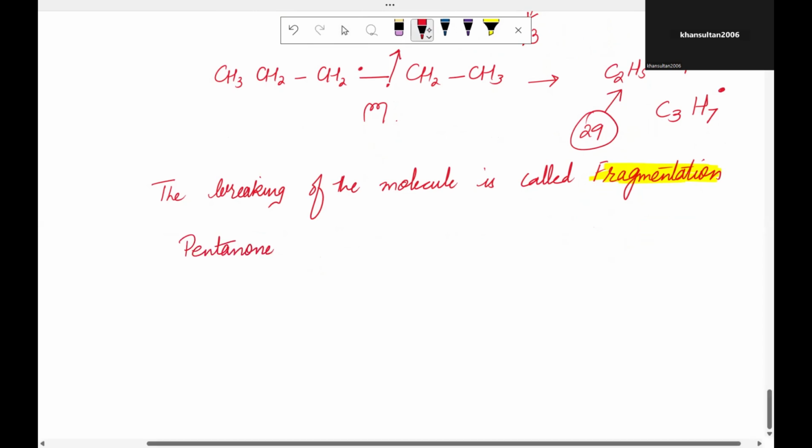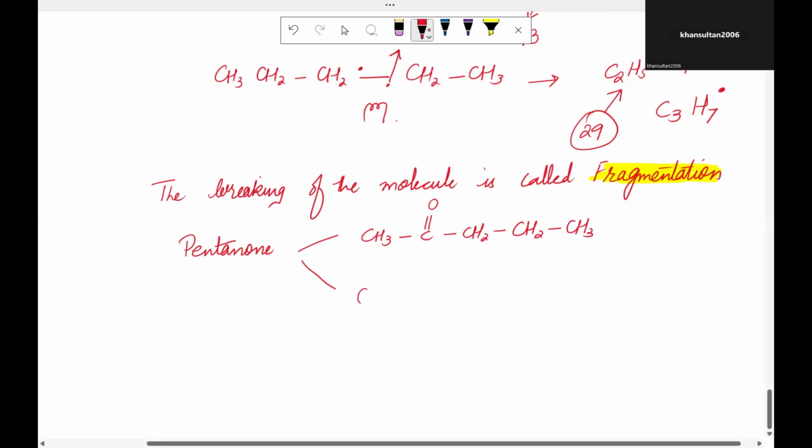So let's move further towards pentanone. Pentanone has two isomers linked with it. That is CH3 dash C double bond O dash CH2 dash CH2 dash CH3.